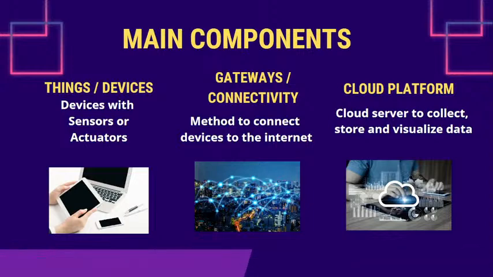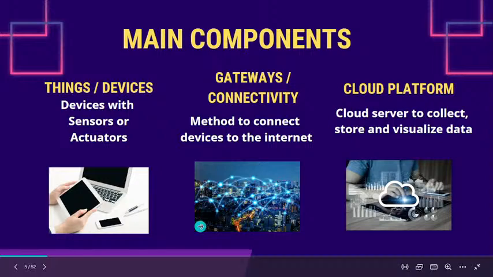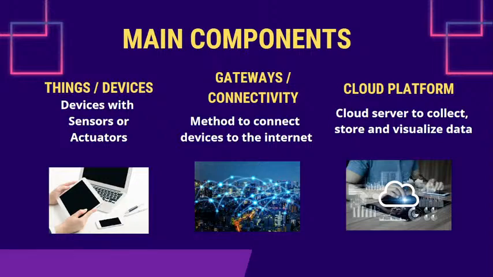And the third component that should be in an IoT system is the cloud platform. That means the cloud server to collect, store, and visualize data that we gain through the things or devices in the system. So, as we are going to discuss applications today, in each and every application there should be an IoT system. In that system, these three components should be there.